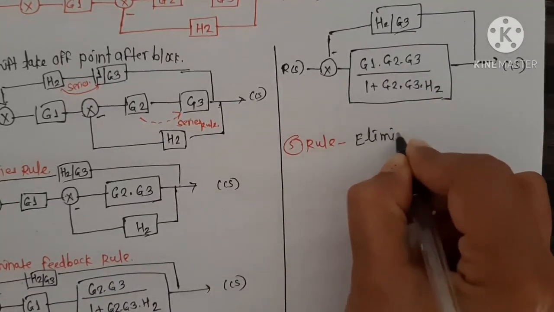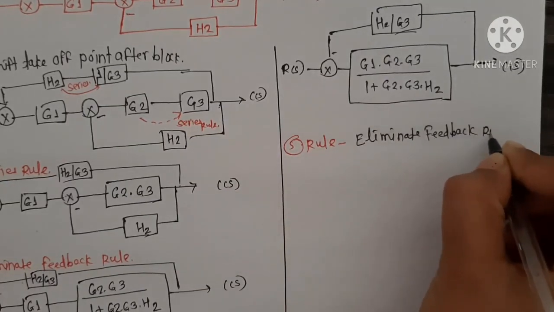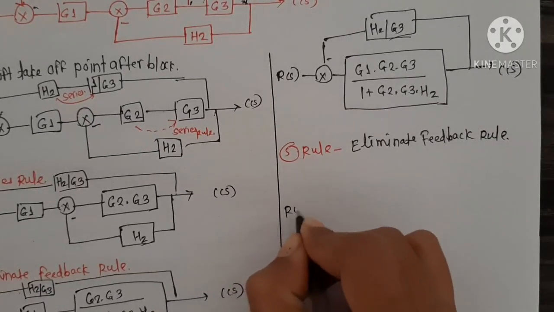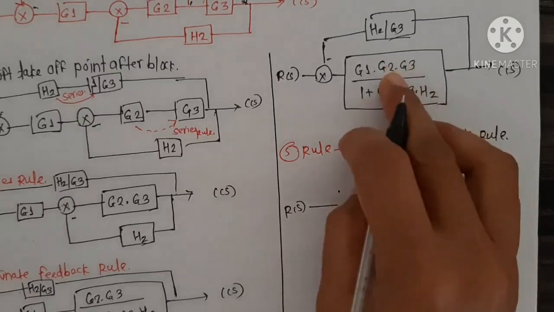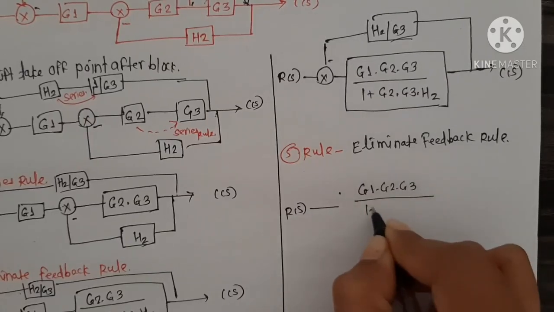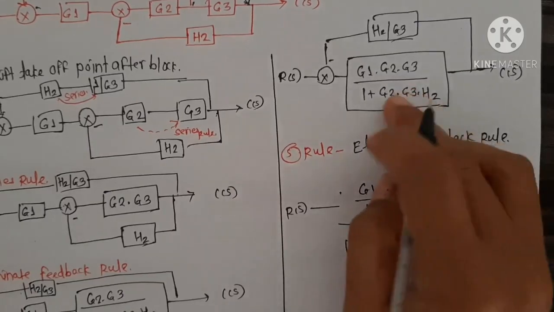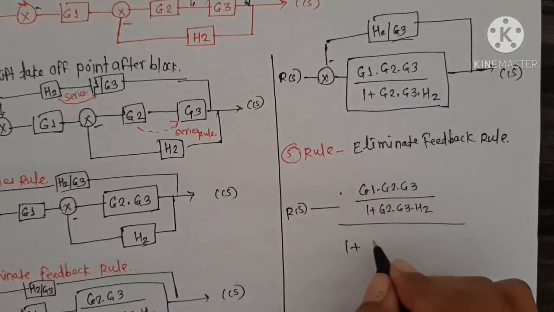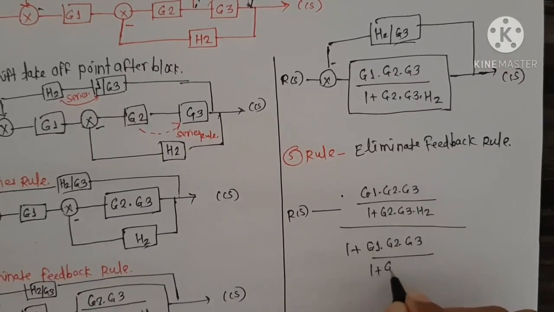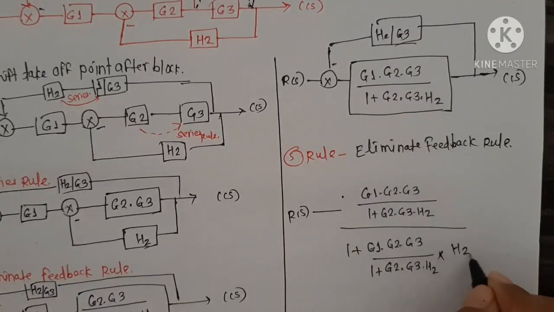After applying it, the diagram is: R(s), G1 G2 G3 upon 1 plus G2 G3 H2, divided by 1 plus the multiplication of these two, that is G1 G2 G3 upon 1 plus G2 G3 H2 into H2 upon G3.